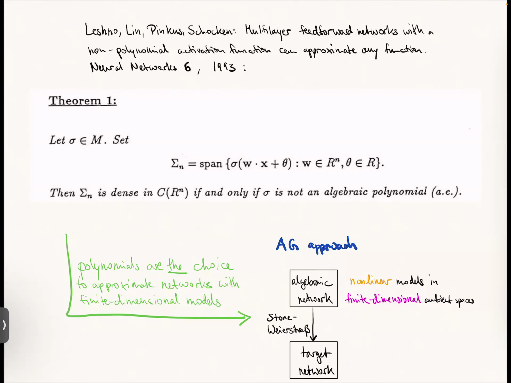This says that essentially the only data-independent approach that is only based on the architecture, at least for MLPs, is to do it with this polynomial way. Okay, so it's a very natural choice to do this type of approximation.